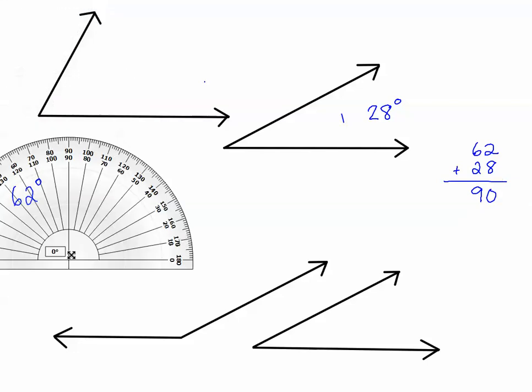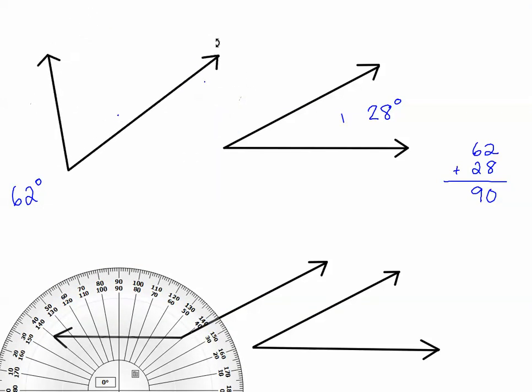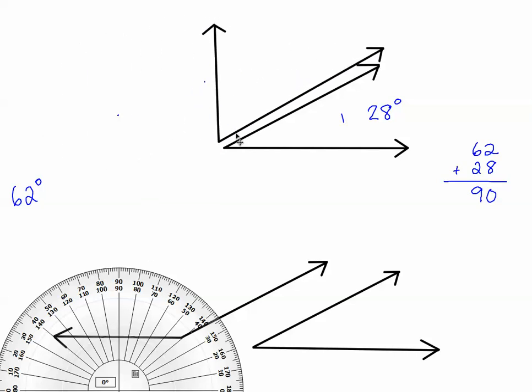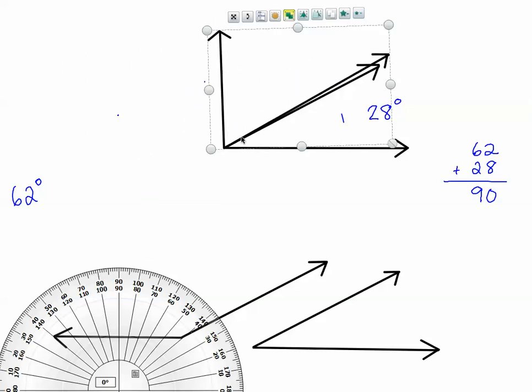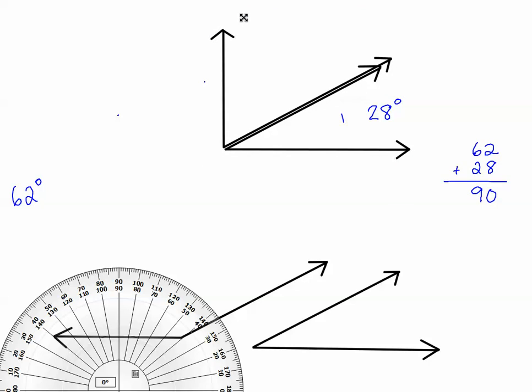Notice that when we take these two angles and make them adjacent to each other, something interesting happens. I'm going to put these two angles adjacent to each other. So let's make them line up to share a side, and share a vertex.